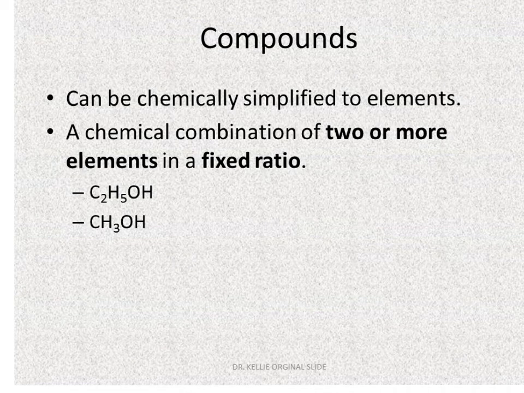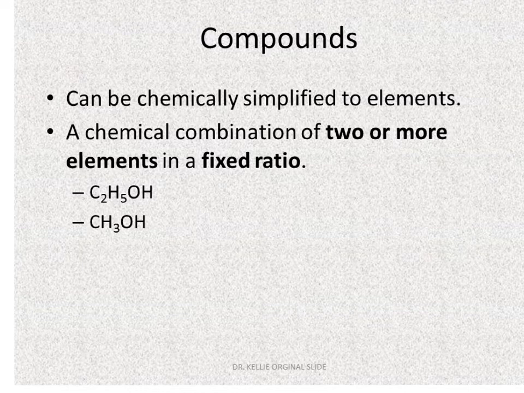A chemical combination of two or more elements in a fixed ratio is a compound. Compounds can be chemically simplified into elements.